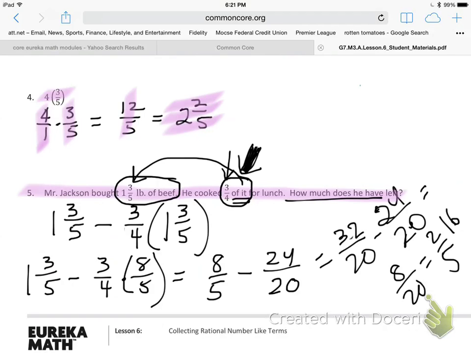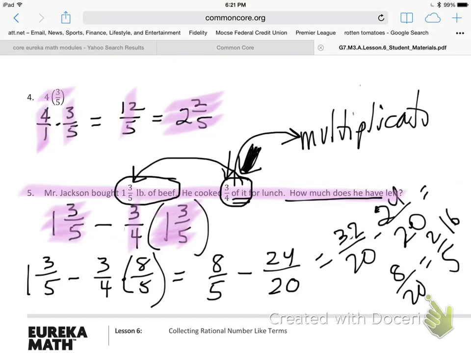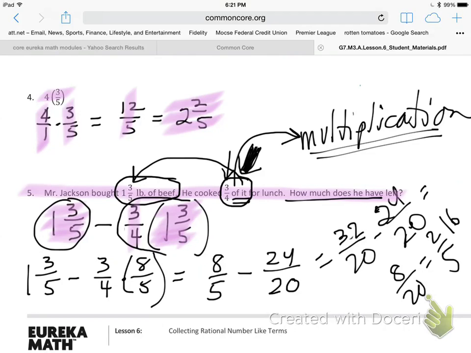Therefore, what we need to do is take his beginning, the original 1 3/5 pounds of beef that he bought, and then we're going to subtract away 3/4 of it. And again, remember that the word "of" means multiplication. So here we have 3/4. We're going to take this and subtract away all of this right here.